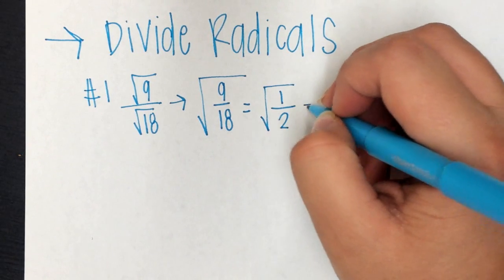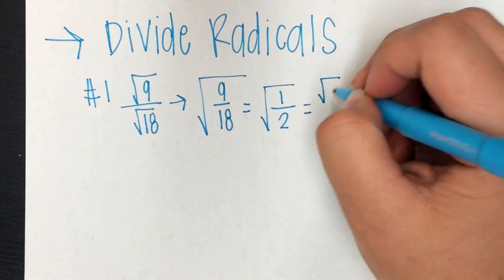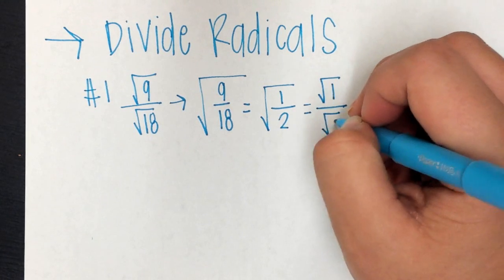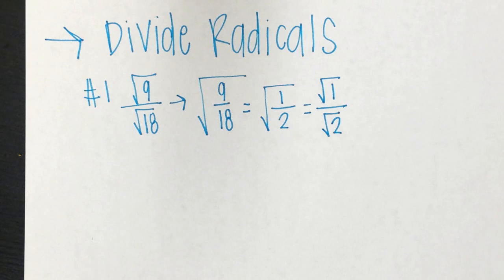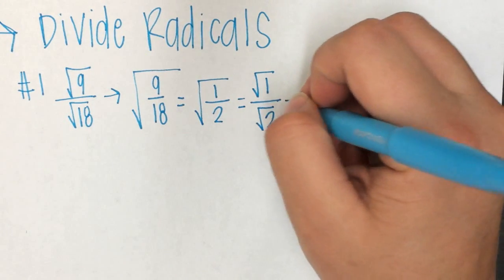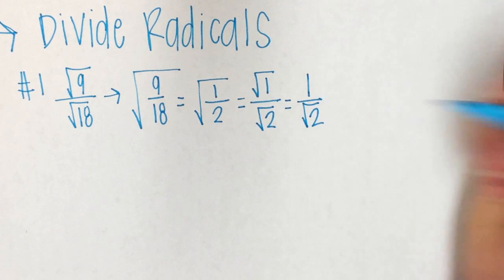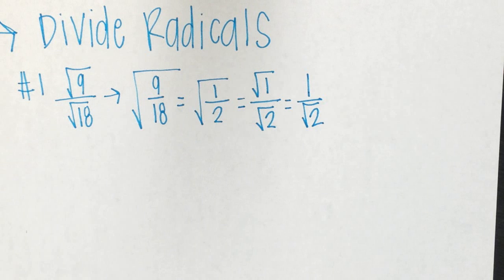Now, let's break this back apart into 2 square roots. So we have the square root of 1 over the square root of 2. What is the square root of 1? 1. So now we're left with 1 over square root of 2. Yes, it is a lot of steps. Okay? But we're not done.